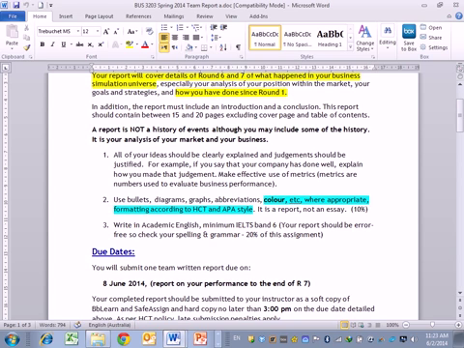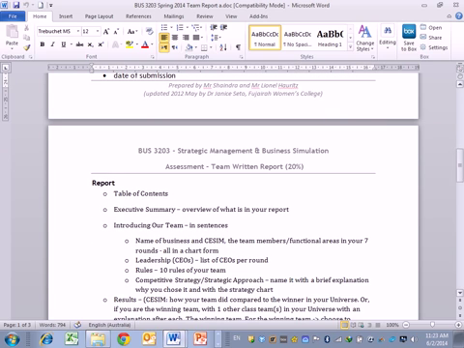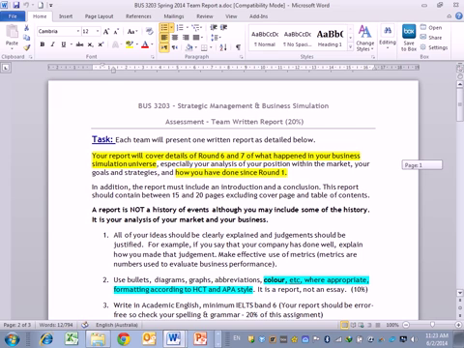So in addition, your report should have an introduction, and a fancy word for the introduction is the executive summary, which you can see is here. And then it should be about 20 pages. Now the reason why I don't want anyone to faint is you're going to have charts and tables. Okay, so it's not 20 pages of writing, tables and charts.